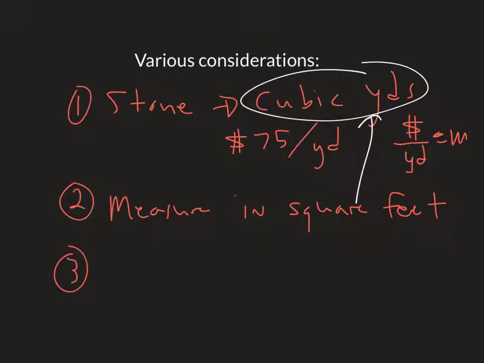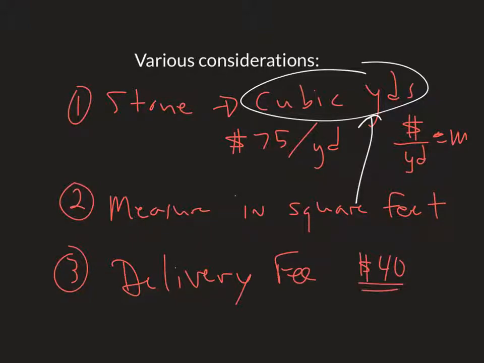Third and final consideration, the location where I will order the stone from. They deliver stone and mulch and various other items for the yard. There is a delivery fee of $40. Now, that's going to be our constant and sounds like a y-intercept.